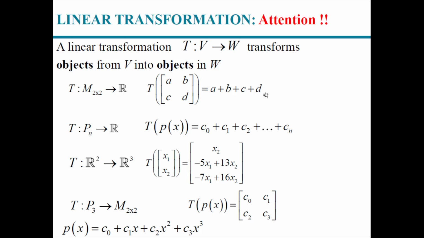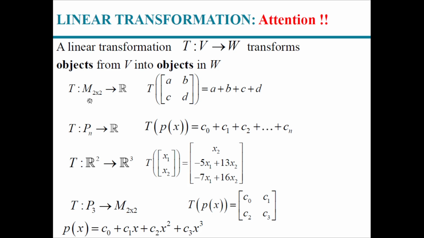So this is a linear transformation that has as domain the linear space of 2 by 2 matrices, and codomain is real numbers. So it is taking as object a 2 by 2 matrix, and it returns as result another object, which is a real number in this case. So be careful, that's what it means.